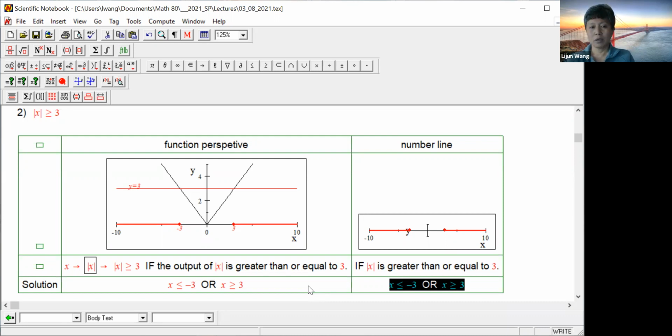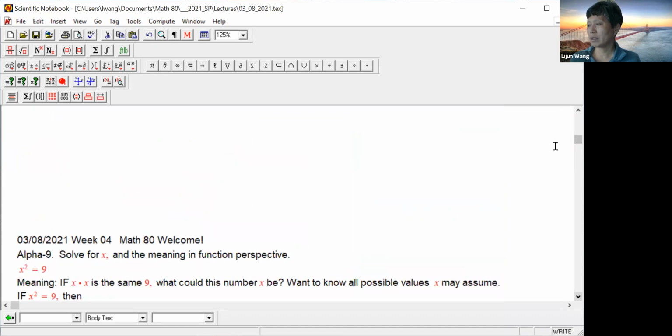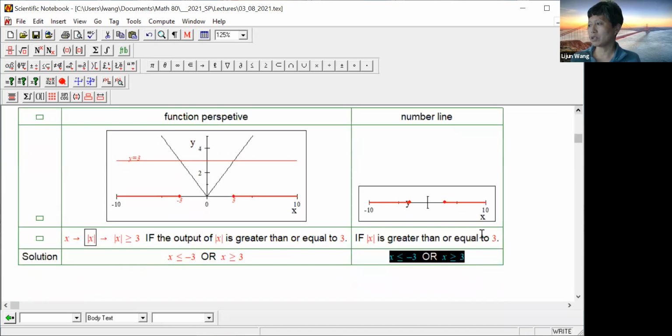Okay, so we have greater than or equal to, and next I want you guys to pick some questions. And this time I'm going to pick some questions for you. How about that? Okay, so please try these questions in 14A, alpha 14A.